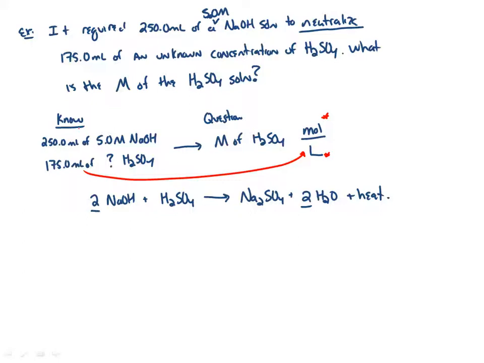And then I should be able to take and convert 250 milliliters of 5 molar NaOH to talking about moles of H2SO4. Because I know that I have a mole to mole ratio that I can use, and I also know that I can get from milliliters to moles.